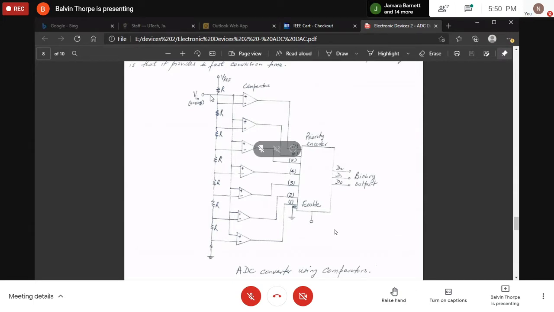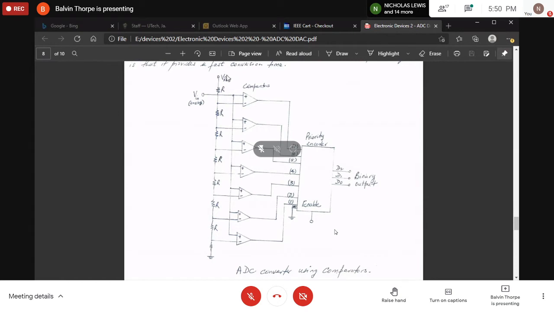So you notice the input voltage has been applied to the non-inverting input of the 7 comparators. Whilst, what goes on the inverting input? The reference voltage.